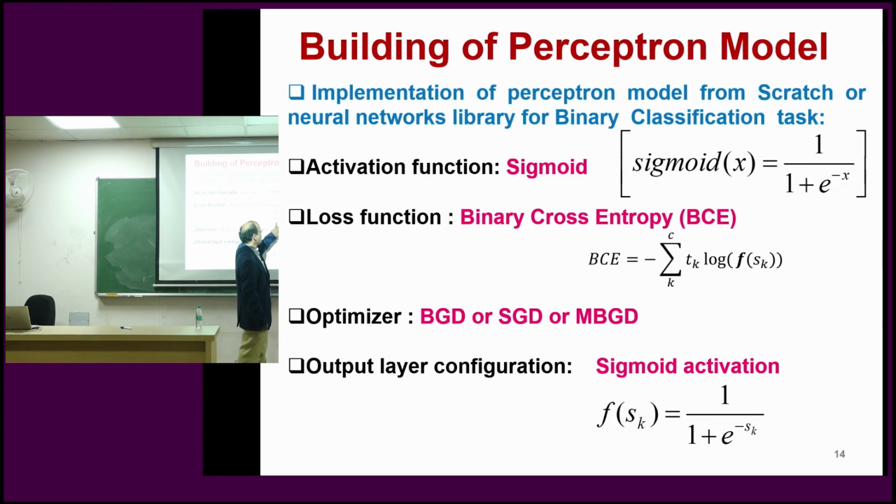So using the sigmoid activation and binary cross entropy loss: minus sum over k to C. If you start k from 1, then C should be 2; if you start from 0, then it should be 1, right? So here, Tk log Fsk. Tk is your ground truth, right? Fsk is nothing but the output of the model, the neuron, which is your sigmoid activation, 1 by 1 plus e to the power minus sk. The minus sign indicates that we always want to minimize the value, right?